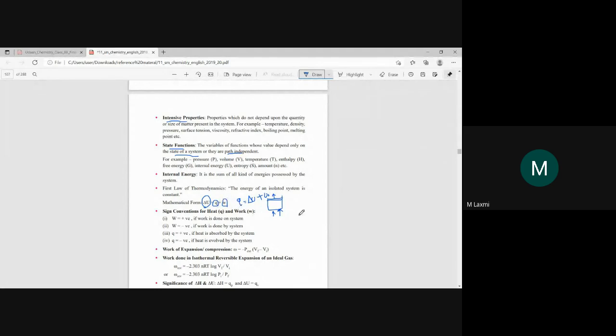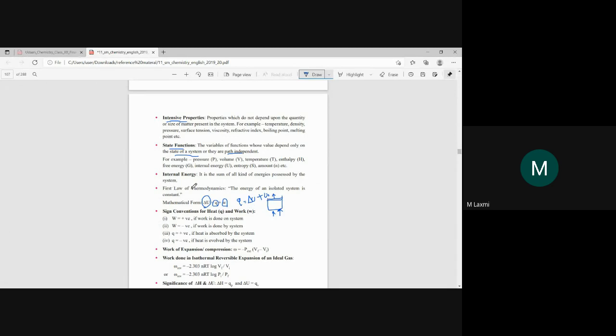Because work is done by the system. Delta U is equal to U final minus U initial. What is U? U is internal energy. Final energy minus initial energy is delta U, plus W.